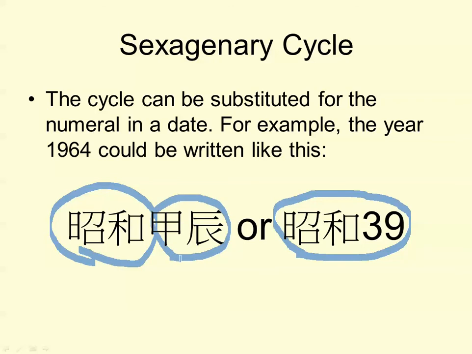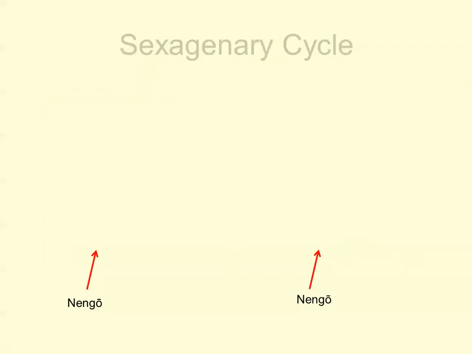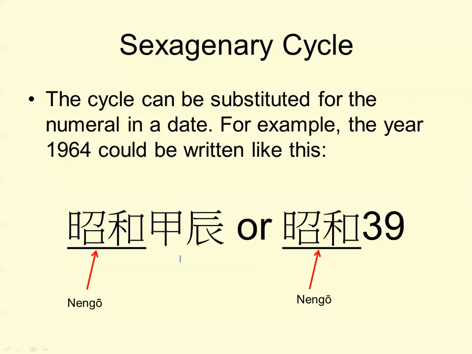And this brings me to a particular point. Let me bring this up so I have an illustration. One of the problems with the Showa period is it's inordinately long. It begins in 1926 and it ends in 1989. And so there are more years in the Showa period than there are cycles.